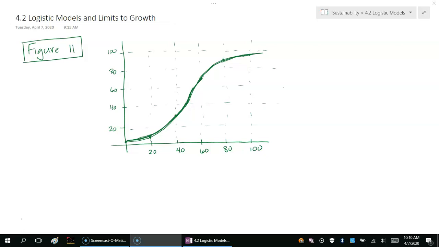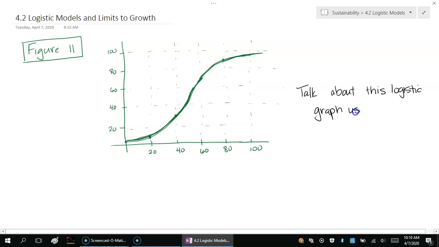And I want to talk more about this using tools that we have from Calc I. Calc I is all about derivatives, which are rates of change.